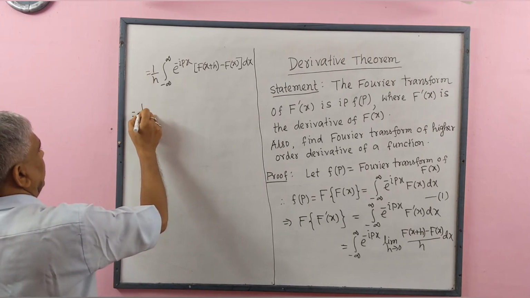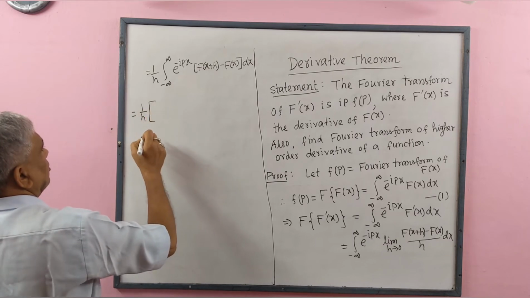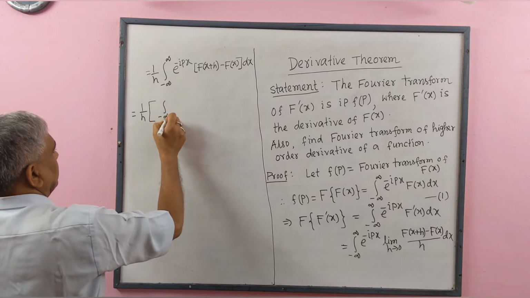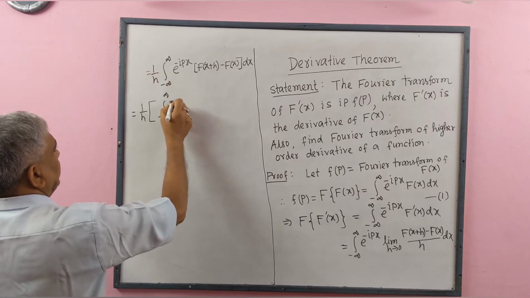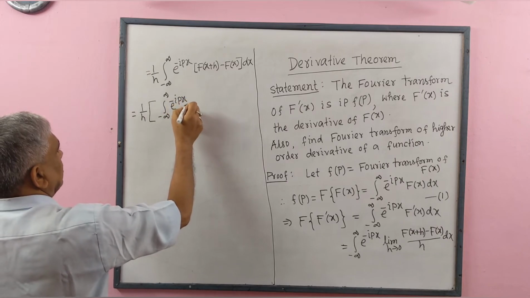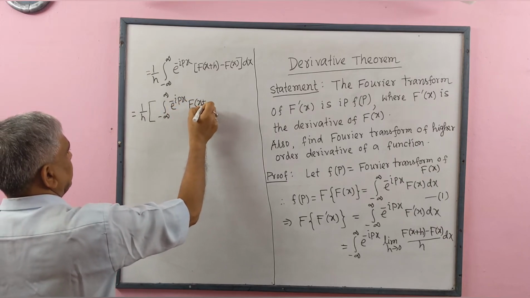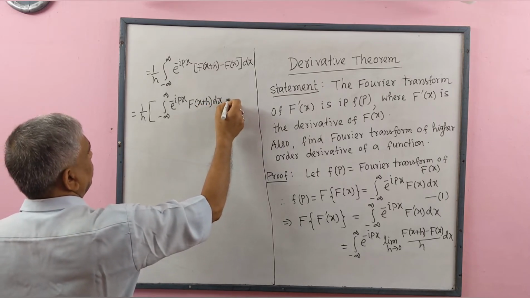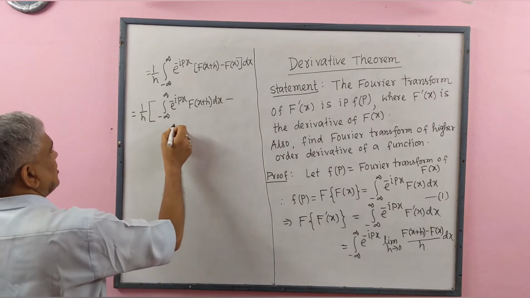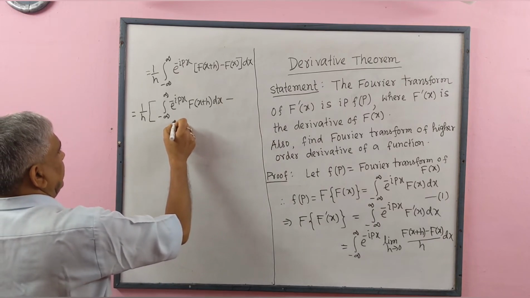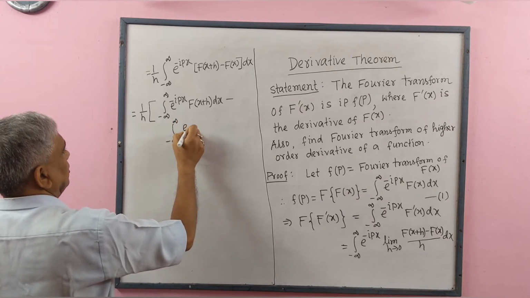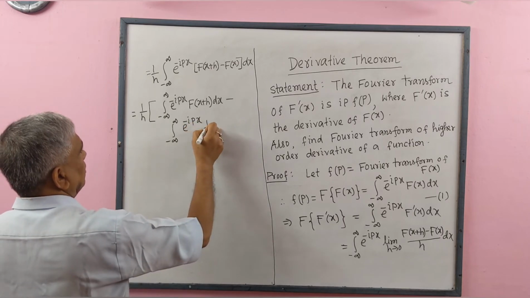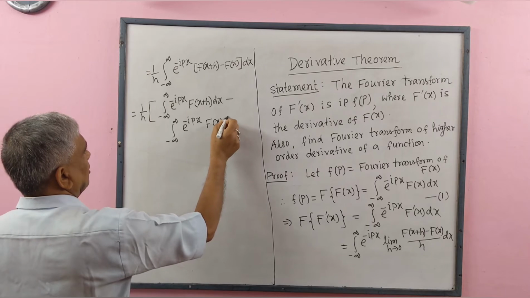This will be equal to 1 by h, we write, the integration from minus infinity to infinity of e to the power minus ipx f(x plus h) dx minus the integration from minus infinity to infinity of e to the power minus ipx f(x) dx.